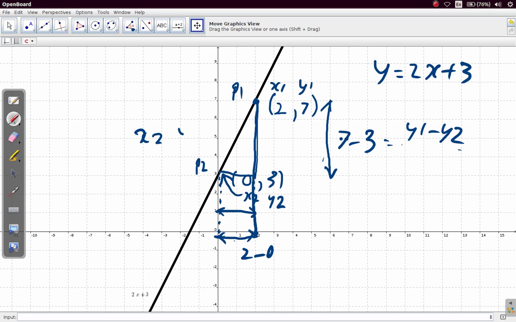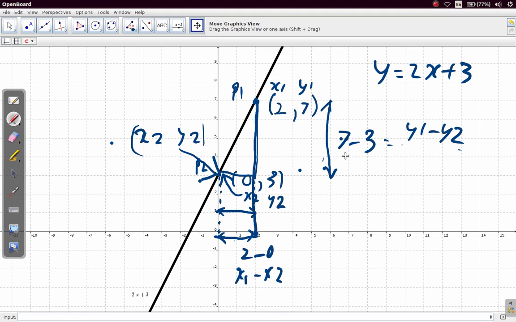Remember, x2 and y2 are right here. Now, this is point x2, the 0 is x2. So, if 2 is right below x1, and this point lines up with x2, then we can say x1 minus x2 is the run.